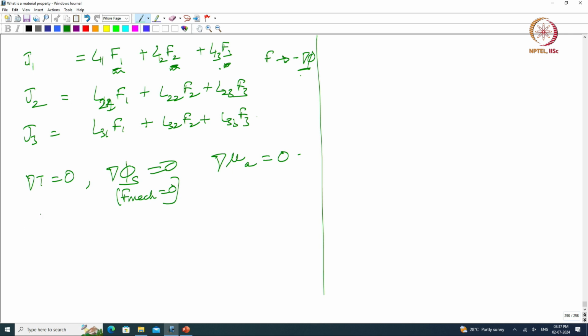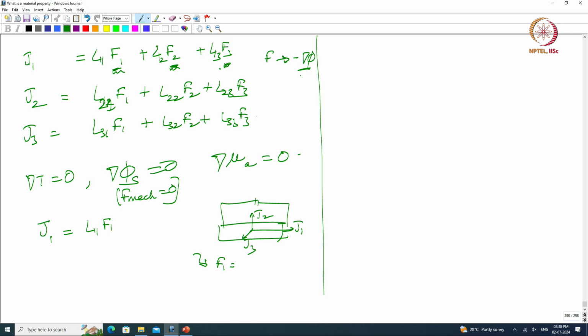Then I can write J1. So I have a wire where I am sending in current. This is J1, this will be J2, this will be J3. So in different directions I have different fluxes of current. J1 will be L11 F1, where F1 is nothing but the gradient of electrical potential in direction 1.